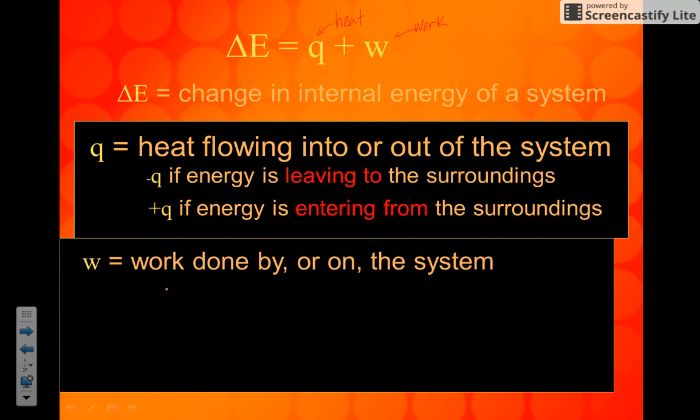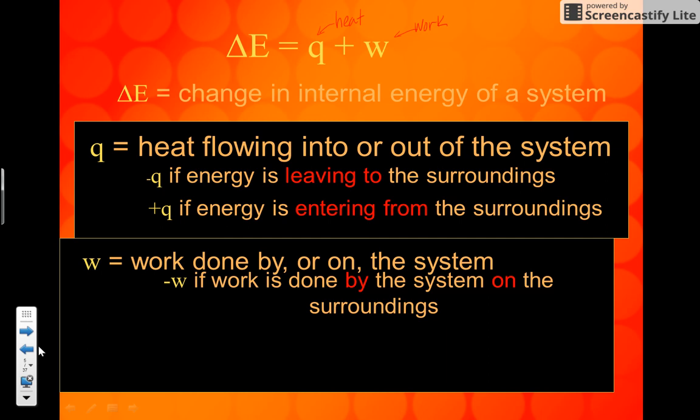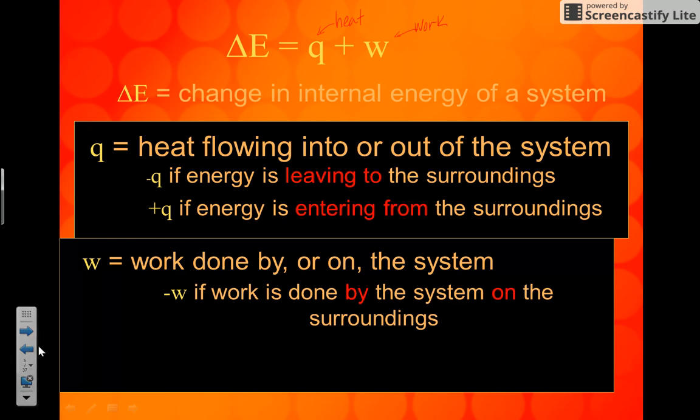W stands for work. The work can be done by the system or on the system. Work is going to be negative if work is done by the system on the surroundings. Again, very similar to if the system is losing energy, we say the heat's negative. It's the direction, it's exiting.